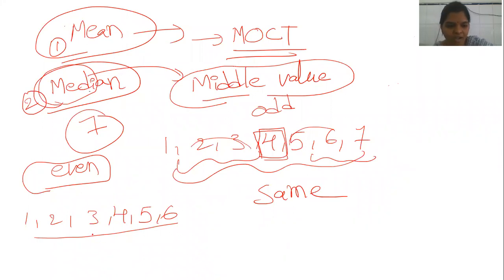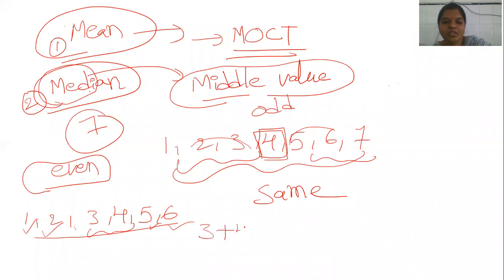The 3 and 4 lie in the middle. Here there will be 2 numbers on the left and 2 numbers on the right, which will be the same. So in such a case, you need to take the average of the numbers which lie in the middle.